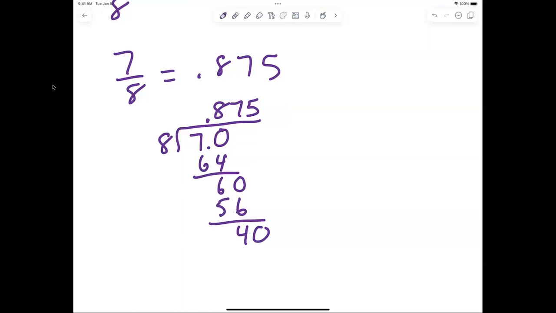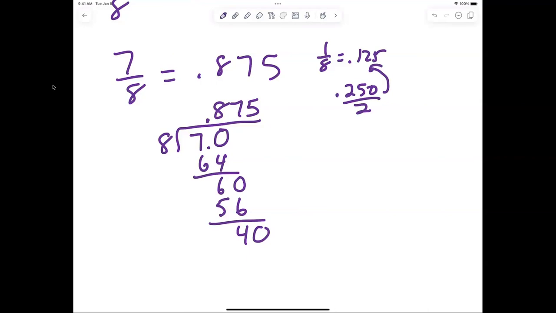I'm confused how you use it off the top of your head. Well, here's why. I know that 1/8 is 0.125. Ready? How did I get 0.125? Because it's half of 1/4. I take 250 and I divide it by 2.